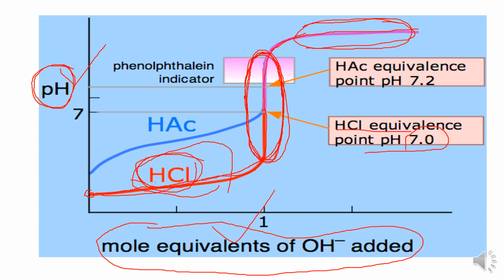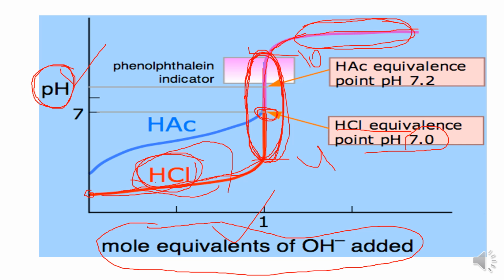HCl is a strong acid, and the equivalence point of the titration between strong acid and strong base lies near 7. It is equal to 7. The pH will be 7, and the range of the pH will be 4 to 10, right? This is 4 and this is about 10. So we have to select a type of indicator which has a pH range between 4 and 10.